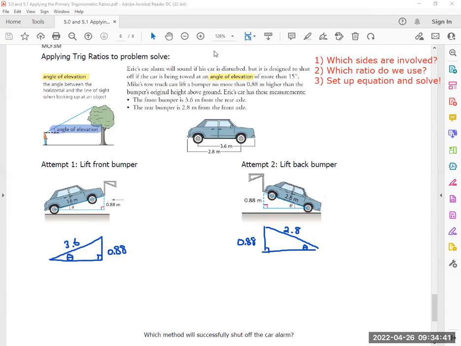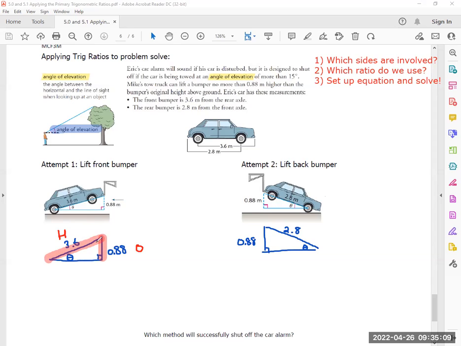I'll go through this once again. My theta is here on the bottom left corner, which means as my reference, I am going to be using this side and this side, which happen to be my opposite and my hypotenuse. You have to be able to identify this. This is not math, this is thinking for yourself.